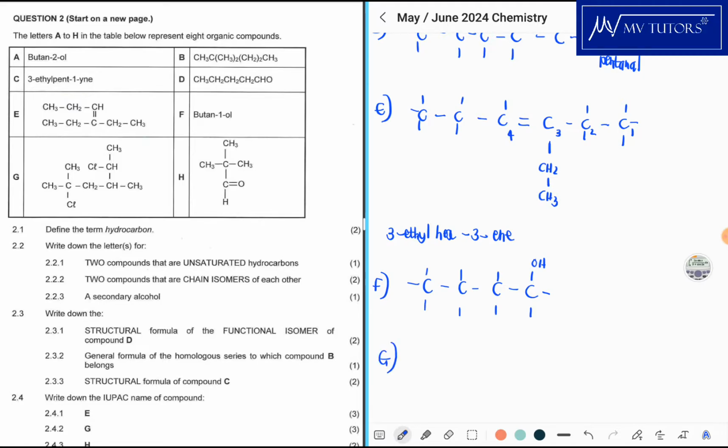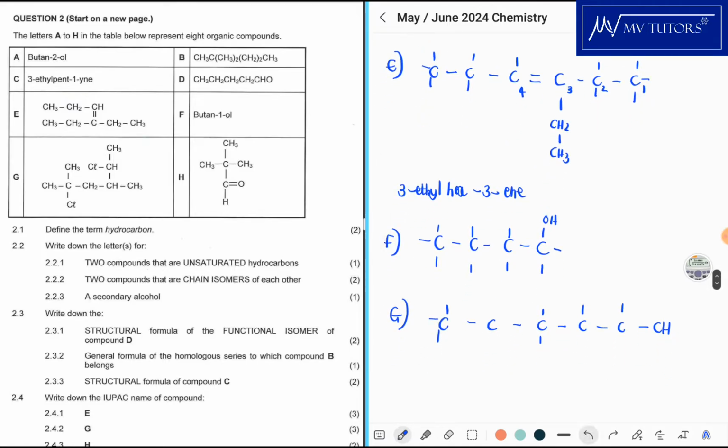Oh gosh. So the longest chain here, 1, 2, 3, 4, 5, 6. Or 1, 2, 3, 4, 5, 6. Okay, so I have a CH3, then I have a C, then a CH2, then a CH, and then another CH, and another CH3.